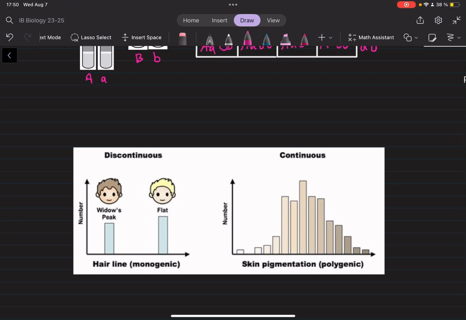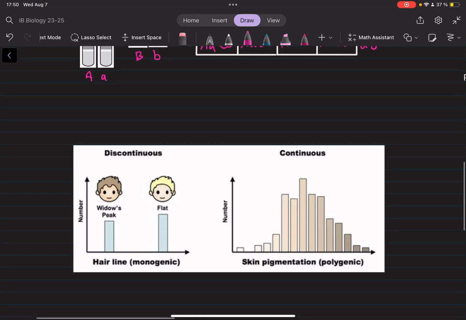Polygenic variation is usually continuous versus monogenic, which is what we saw before, where it's only found on one chromosome and only that gene controls that trait, which would be discontinuous or discrete variation. So it's either yes or no, versus in polygenic, that is a kind of constant flow.